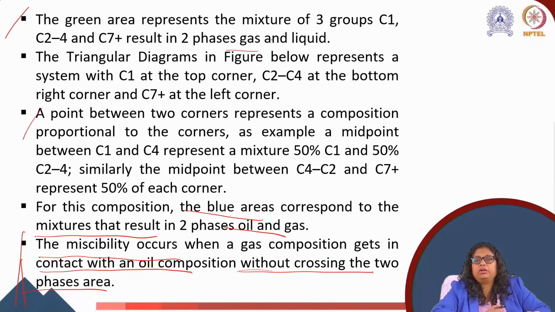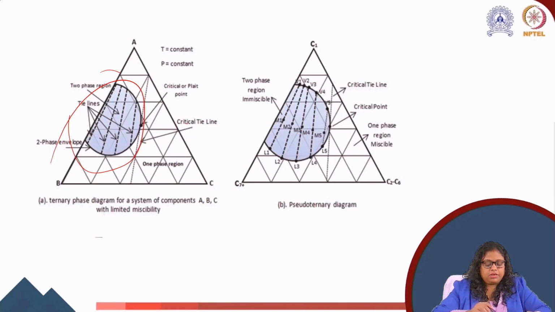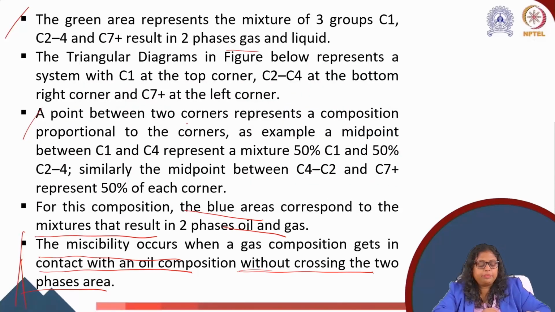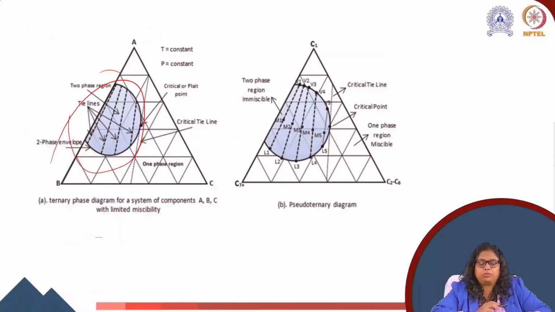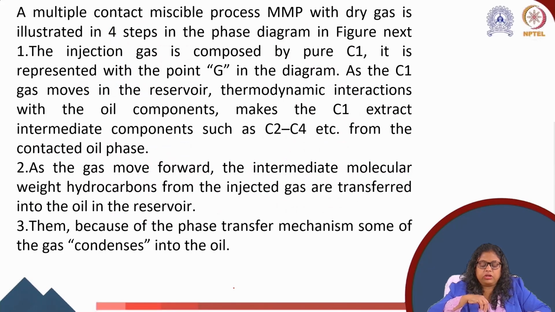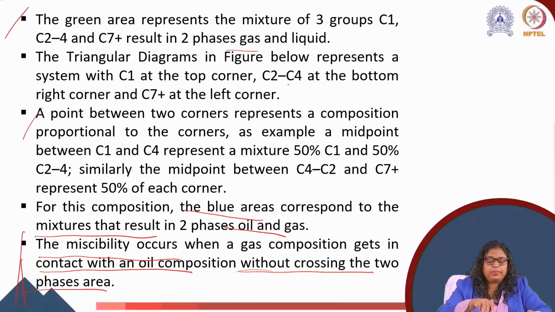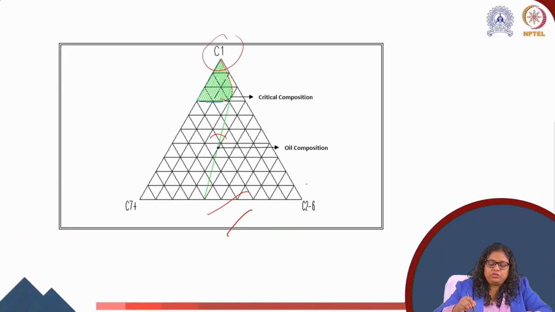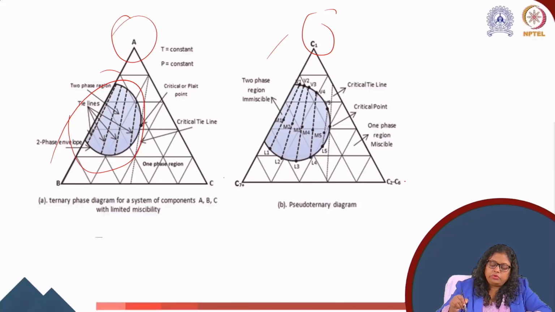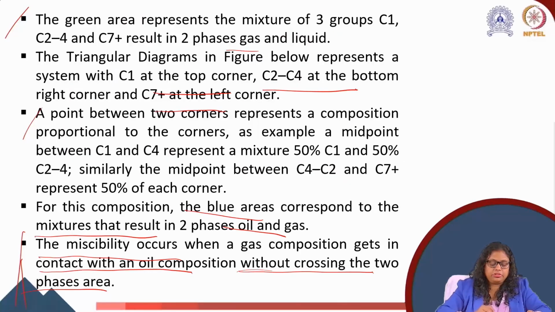So we have a triangular diagram, with C1 at the top corner, which is a pseudo component in this pseudo diagram, then C2 to C4 at the bottom right and C7 plus at the left corner.